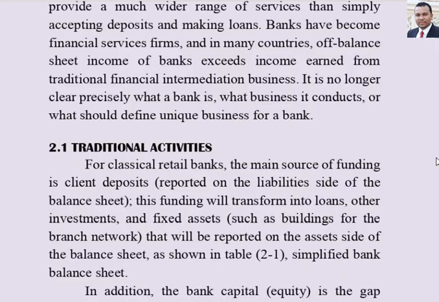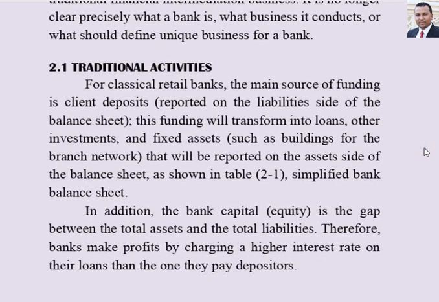As we mentioned in the last lectures, for the classical retail banks, the main source of funding is client deposits. So in this case, the deposits are reported on the liability side of the balance sheet of any bank.